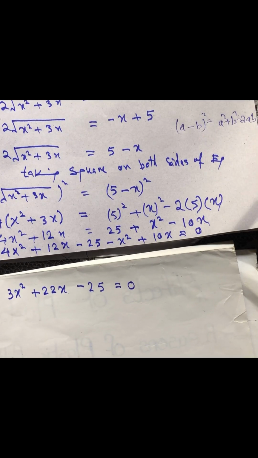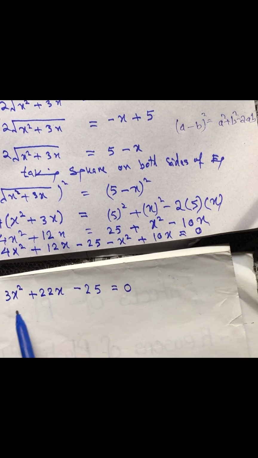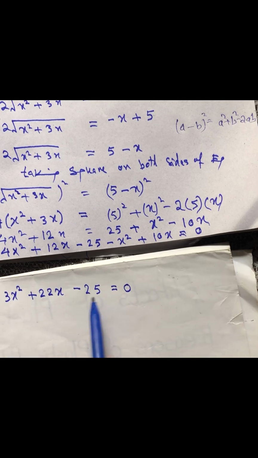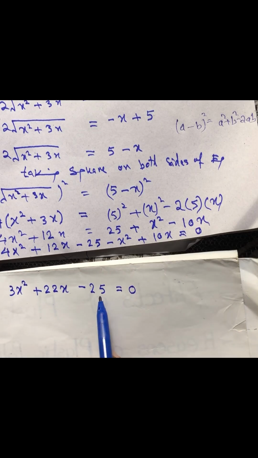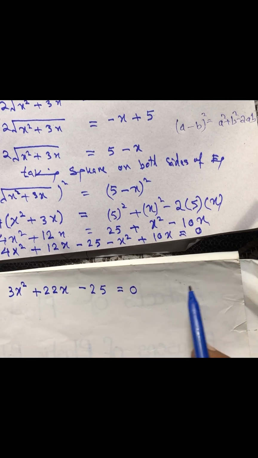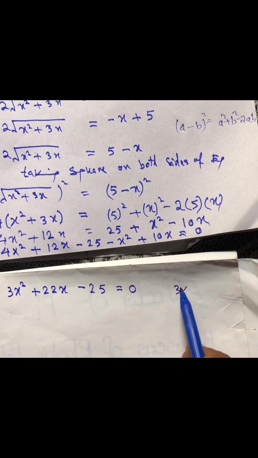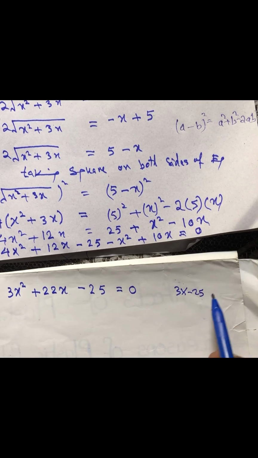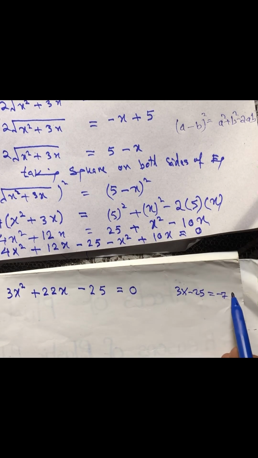We're going to try to factorize this one. Factorization is easy, because 3 is the coefficient of x square, and the constant is minus 25. 3 multiplied by minus 25 comes to minus 75.